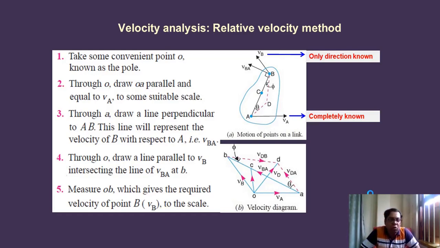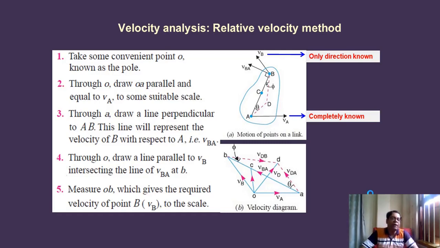Now, through point O, you have to draw a line parallel to VB, which intersects the line of VBA at point small b. Now we have to measure, using the scale, the distance small o small b, which is nothing but a vector, the velocity vector, and which gives us the required velocity of point capital B, also known as velocity B or VB.